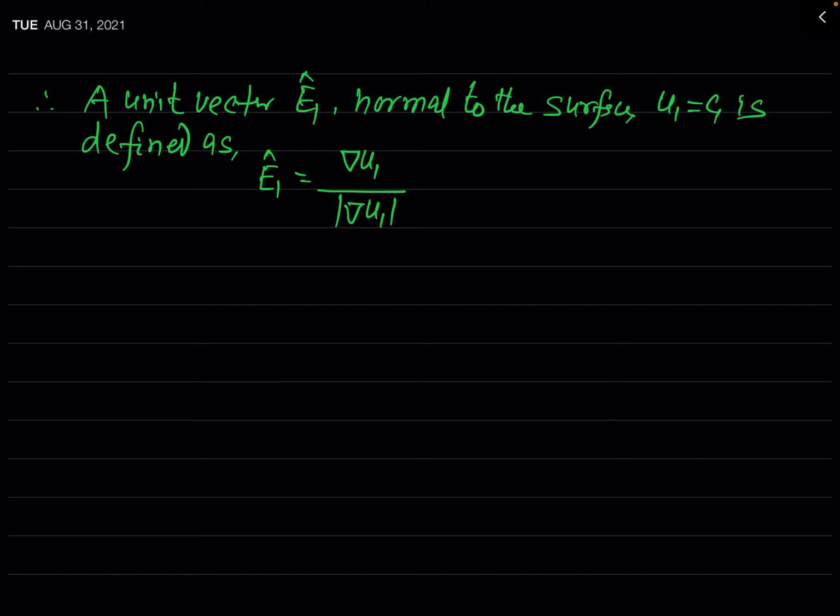And in a similar manner, you can define the unit vectors normal to the other two surfaces, that is u2 equal to c2 and u3 equal to c3.